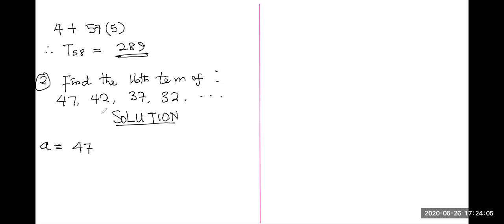Why is it an arithmetic progression? Because the common difference is constant. So a is 47, and our d is 42 minus 47. Please be aware that the common difference is the second one minus the first one, or the third one minus the second one, or the fourth one minus the third one, and so on and so forth.